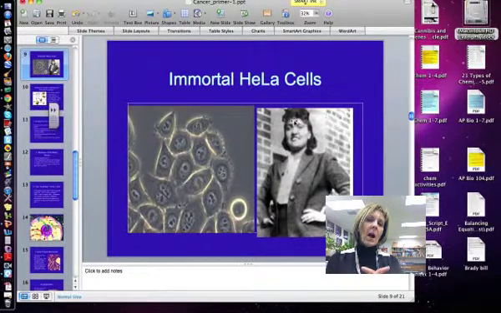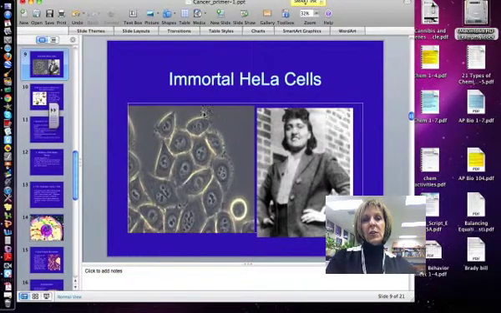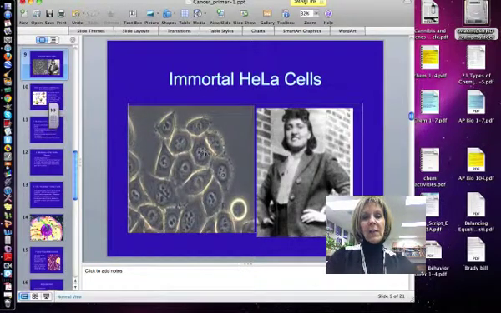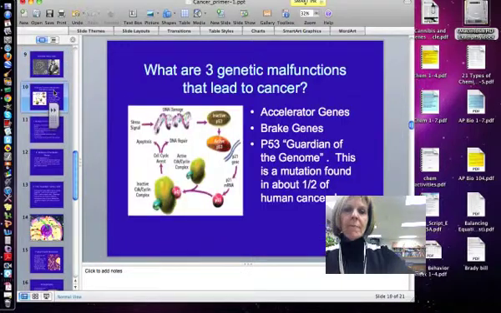And so there's an excellent book about her life, and you should see me if you would like to know more about this, because it's a really, really great story. So these are pictures of HeLa cells under the microscope that were originally the cells from Henrietta Lacks' cervical cancer.